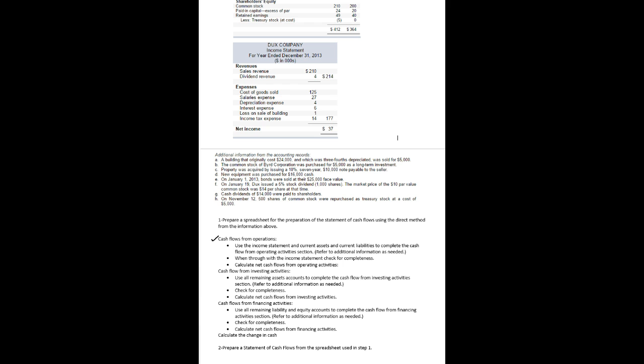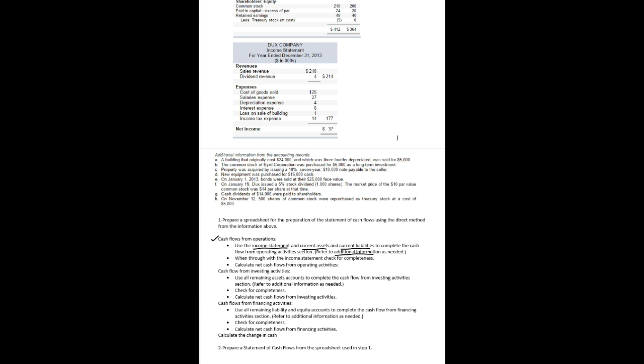Recall from previous discussions that things that affect operations are all the income statement accounts and the current assets and the current liabilities. Although there are a few exceptions to this, we won't incorporate those into this illustration.